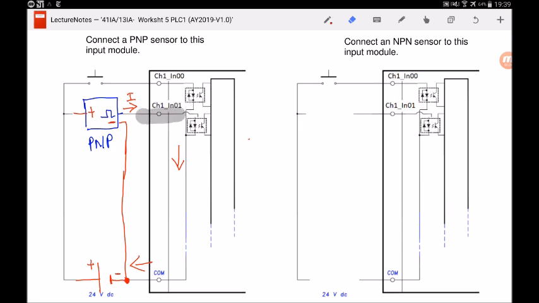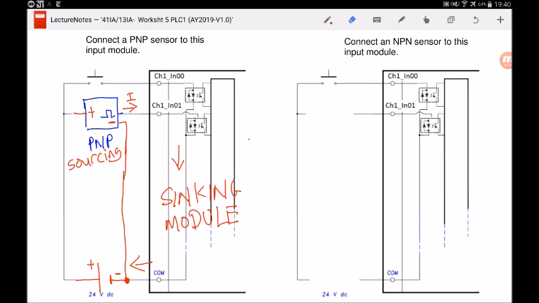So since current is flowing in, it is a sinking module. And as for the sensor, since the module is sinking and PNP is definitely a sourcing sensor, right? Because previously I told you a sourcing sensor will match a sinking module.